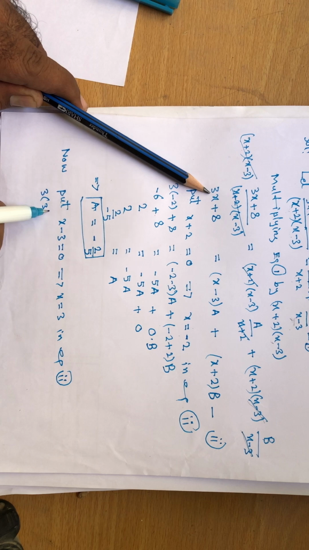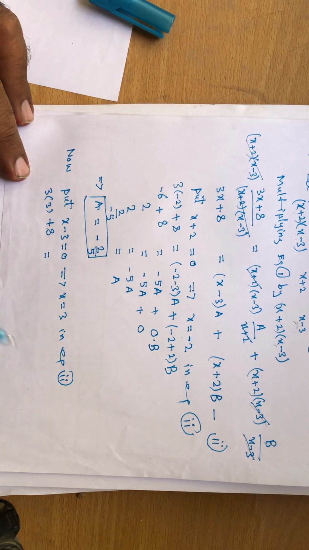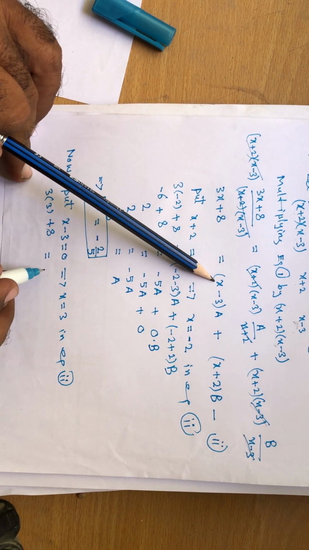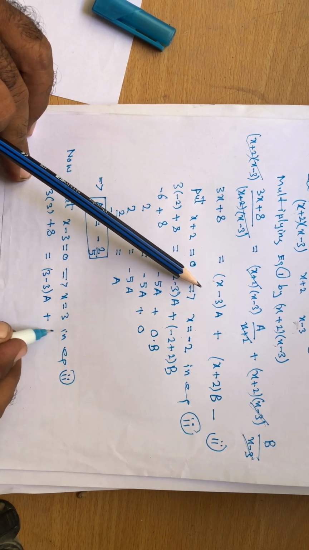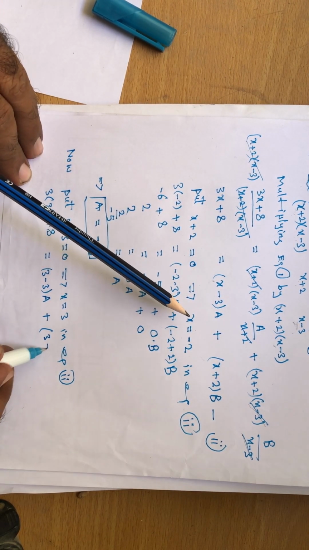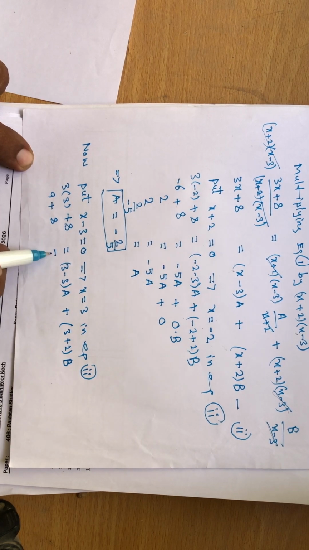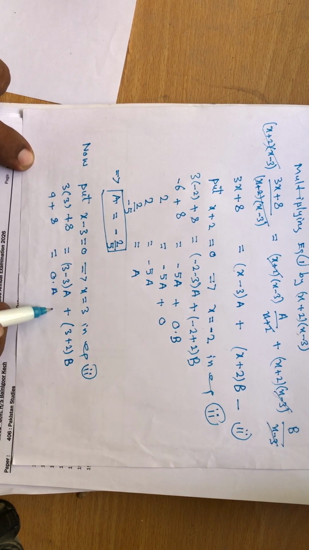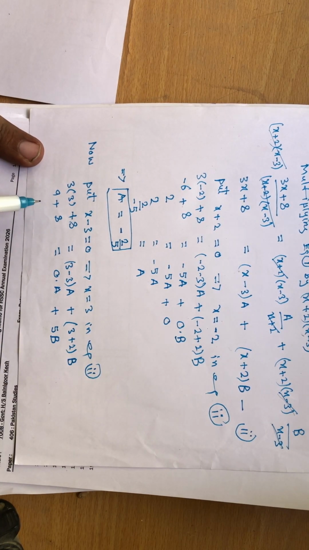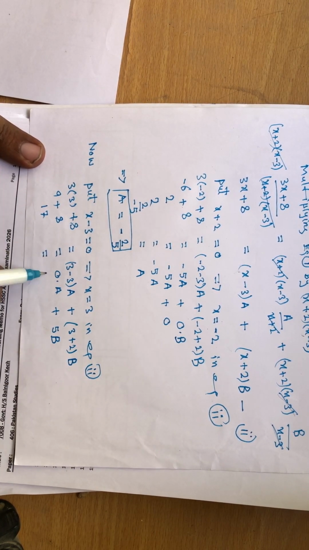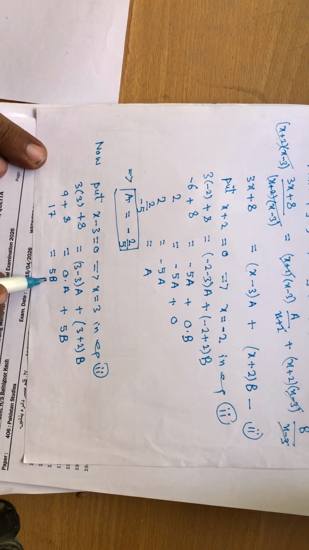In place of x we write plus 3, so 3 times 3 plus 8, is equal to A times (x - 3), so plus 3 minus 3, plus (3 + 2) into B. After this, 3 multiplied by 3 gives 9 plus 8, and on the next side 3 minus 3 is 0, and 3 plus 2 is 5B. So 9 plus 8 gives 17. 0 multiplied by A is 0, and it is not necessary to write it, so only 5B is written.